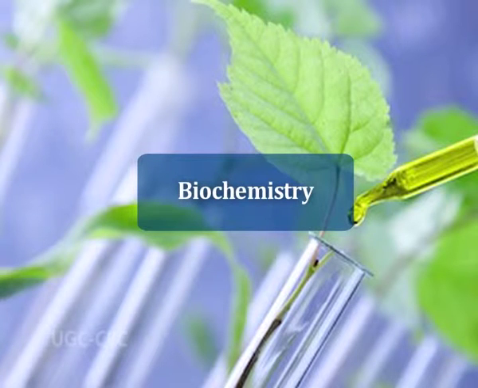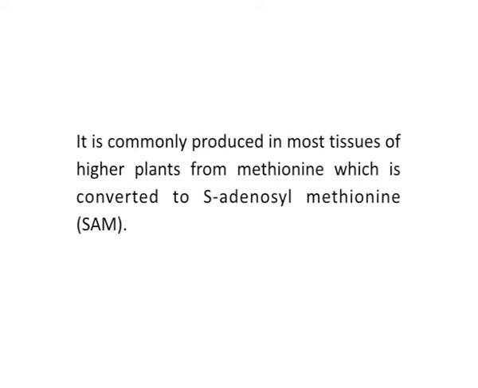Let us now see the biochemistry of ethylene. Ethylene is a simple hydrocarbon having the formula C2H4. It is commonly produced in most tissues of higher plants from methionine, which is converted to S-adenosyl methionine or SAM.